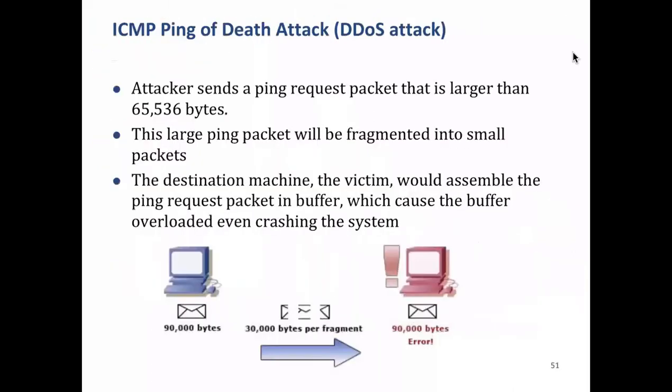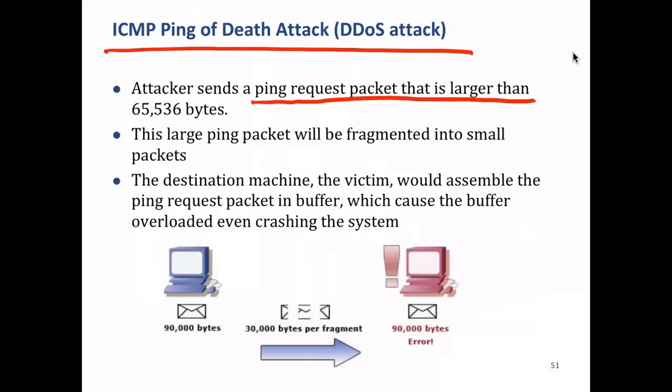Another attack is called the ICMP ping of death attack. Here the attacker sends a ping request that is very large, creating a very large ping packet. This large packet will fragment into small packets.